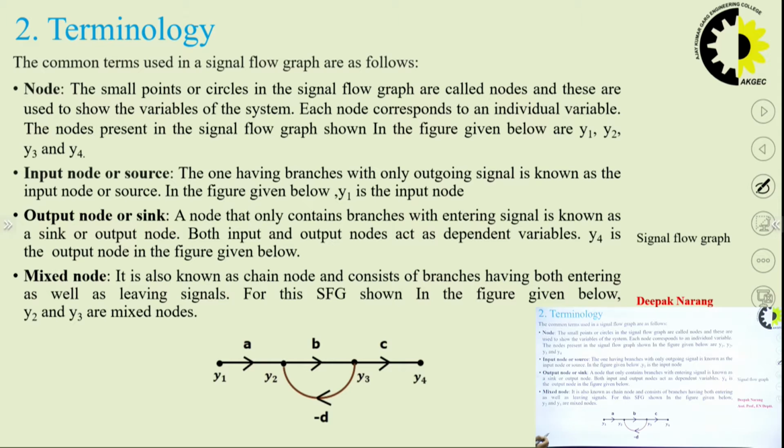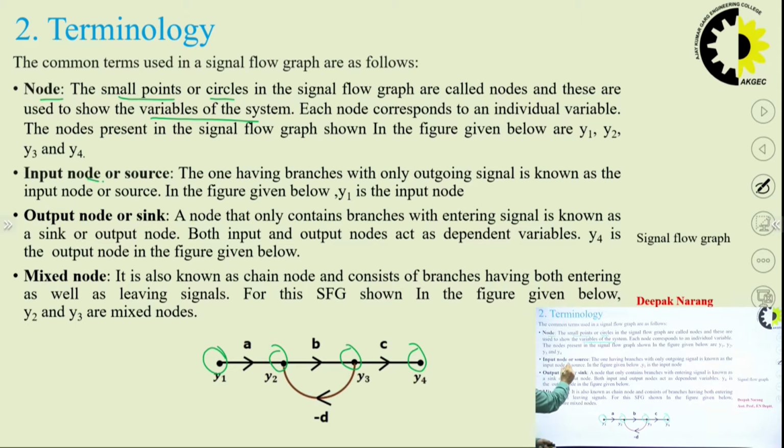Now these are basic terminologies which are associated in signal flow graph. First of all, node. Now what is a node? A node is that small point or circle in the signal flow graph which basically define the variable of a system. Like here, for example, in this diagram, these small dots are our system variable, and these nodes are represented by a small circle in signal flow graph.